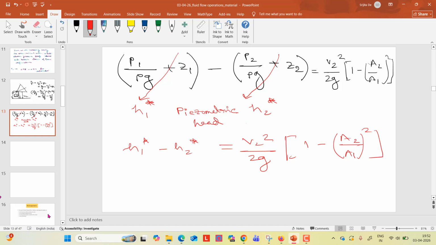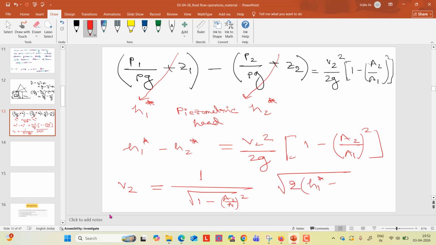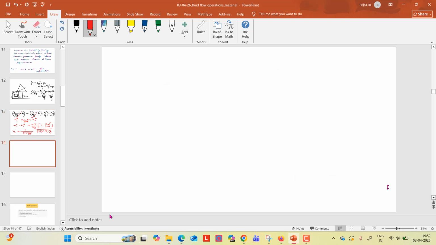Now from here, if we want to calculate V2, it will be 1 by root under 1 minus A2 by A1 whole square, and root under 2 into H1 star minus H2 star into G, right?